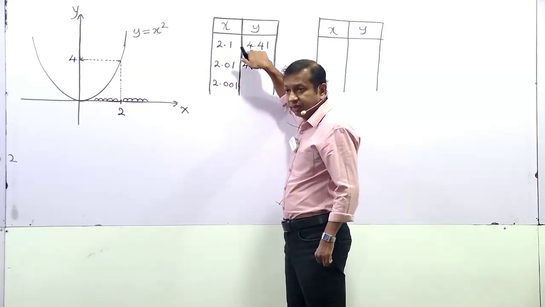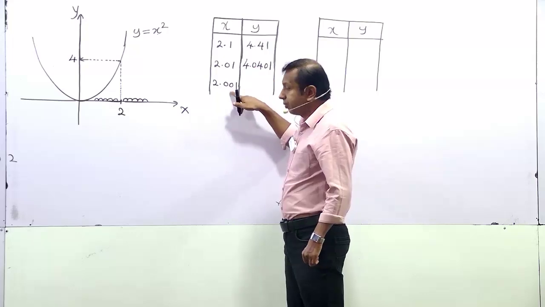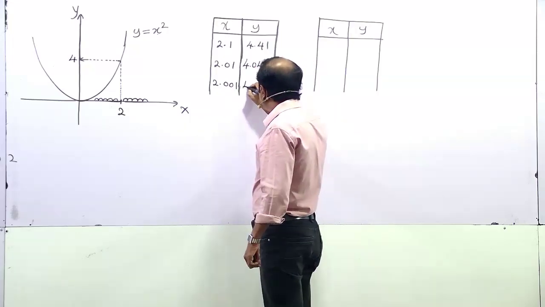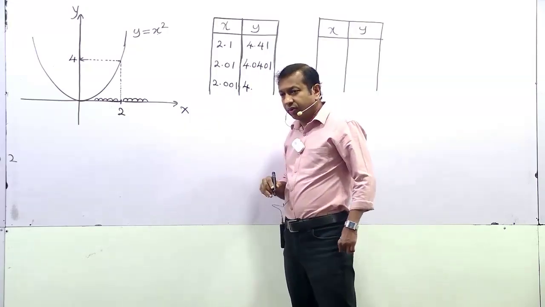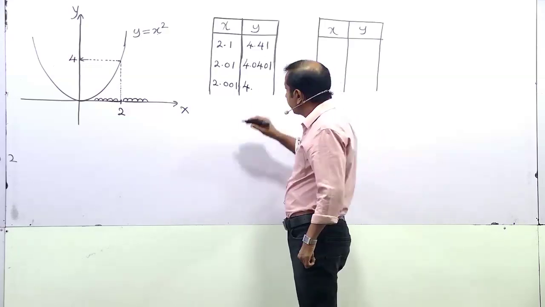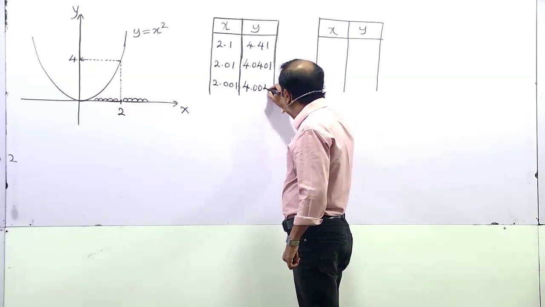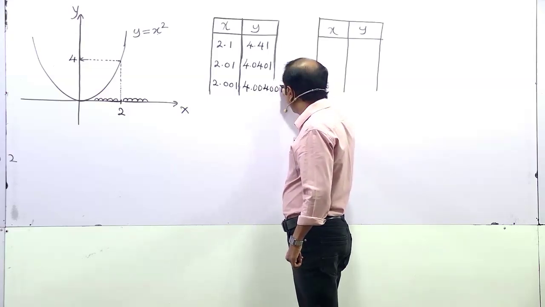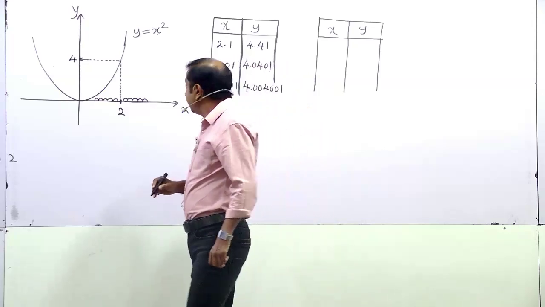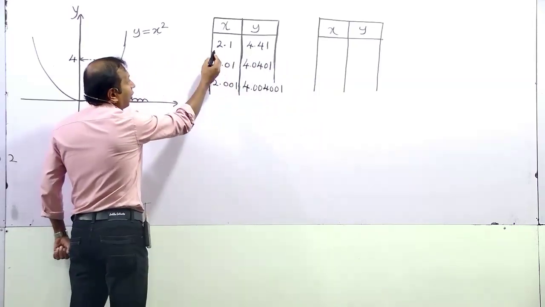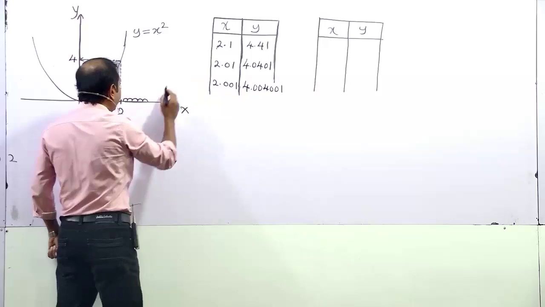This is correct. What's the next one? 4.004001. All right.